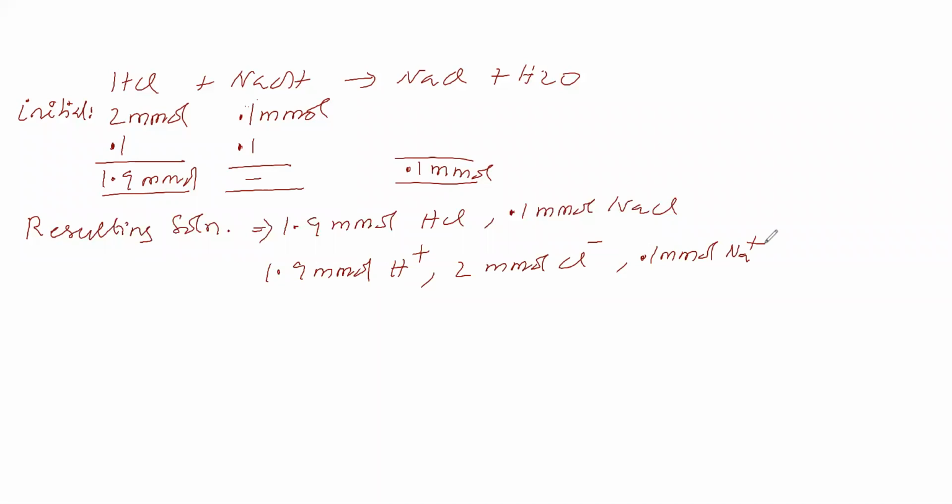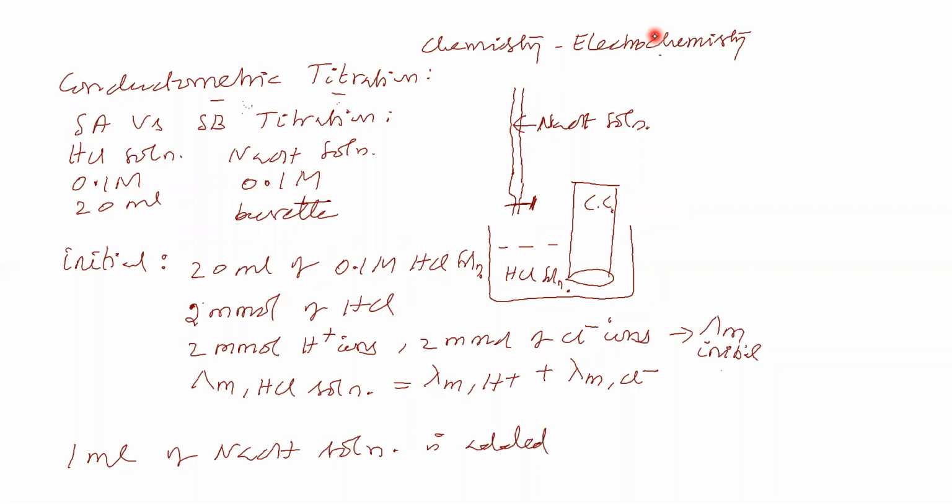Now let us see cations and anions, how many millimoles are there in total. Here, for anions, after adding the burette solution, 2 millimoles of Cl minus are present. Before adding the burette solution, the solution contained 2 millimoles of anion Cl minus.